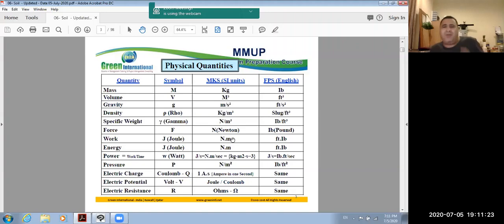We will not go into physics as much as you just know the terminology, the symbol and the unit used: energy is joule and power is watt. This is the way we are going to study this slide. Don't go more than that. Be careful about foot pound second, as I told you. This is very important: 90% of our exam questions and problems come from foot pound second.